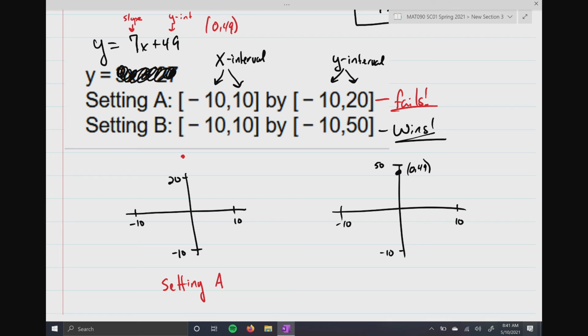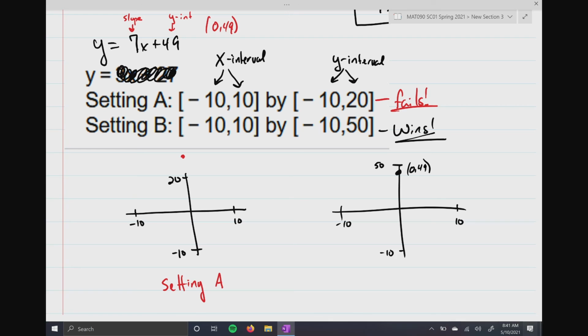Or you could just zoom in and out like that with your mouse. Could have shown you that, but it doesn't give you the window. You want the window. The key to this problem is understanding points.